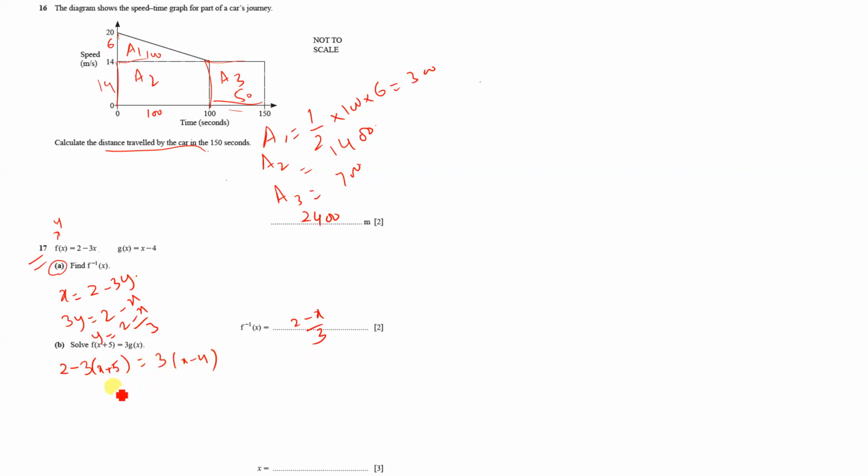So now we have to solve this for x. 2 minus 3x minus 15 is equal to 3x minus 12. So negative 6x is equal to 2 minus 15 is negative 13, so this is equal to 1. And x is equal to negative 1 over 6. So this is the answer.